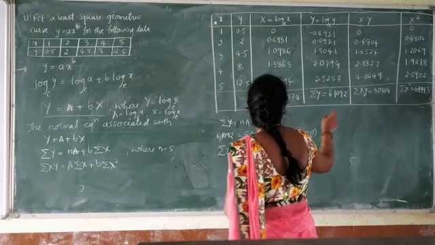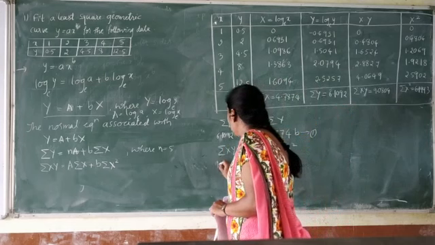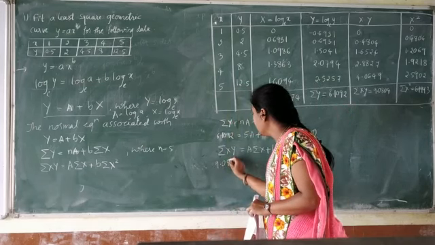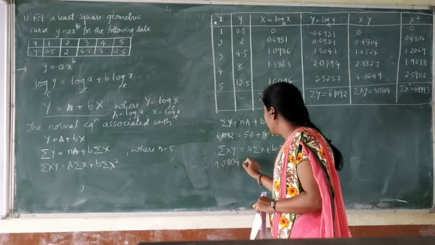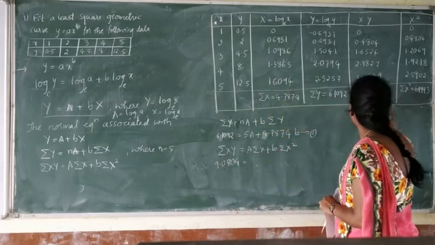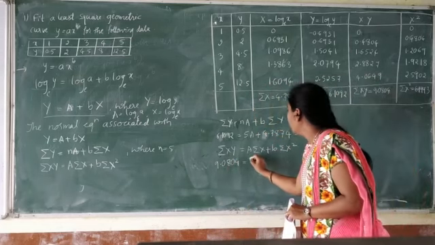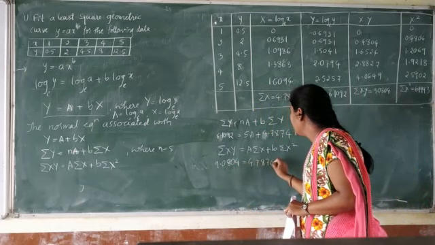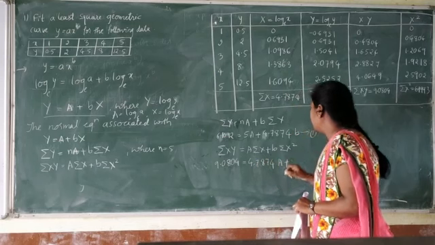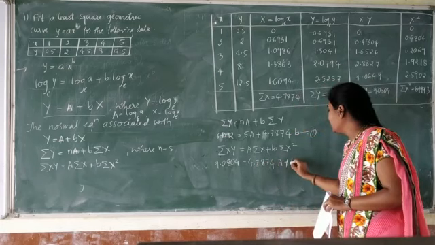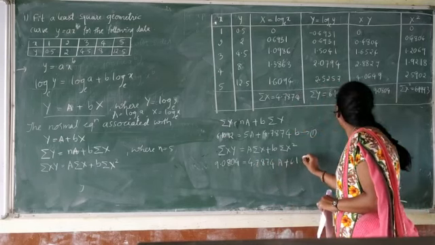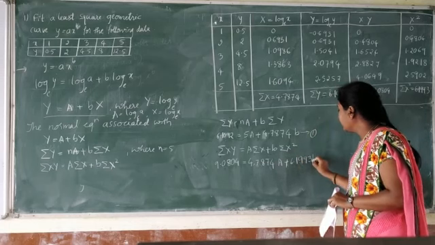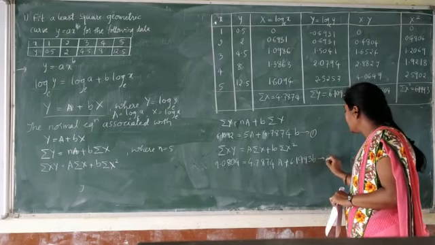Summation of xy is 9.0804, which is equal to A into summation of x, which is 4.7874A, plus summation of x square, 6.1993, into B. Take it as equation 2.